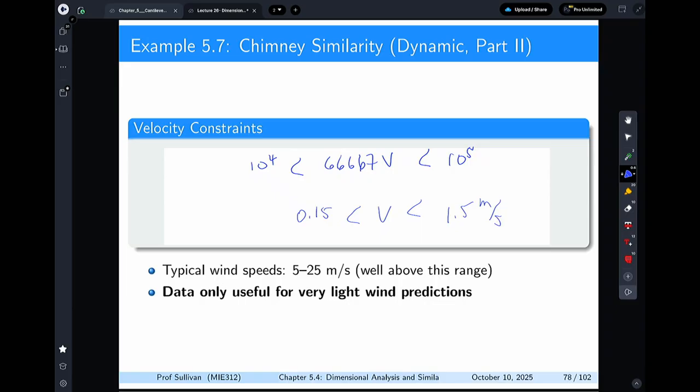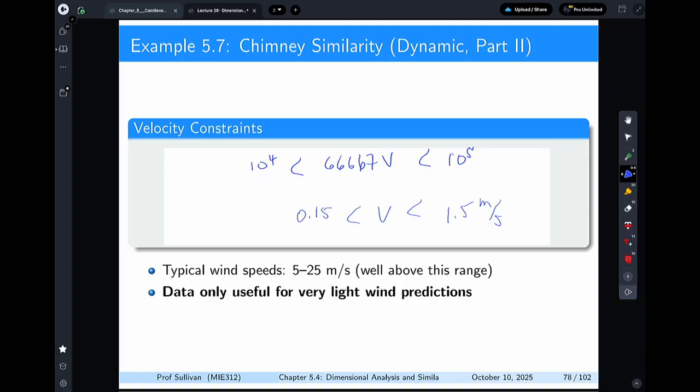So whatever I run in my wind tunnel will not match realistic conditions, because if you go outside, we typically expect velocities on the range of 5, not 25 meters per second. You'd be very uncomfortable with that. But in the low range of 3 to 8 meters per second around here.